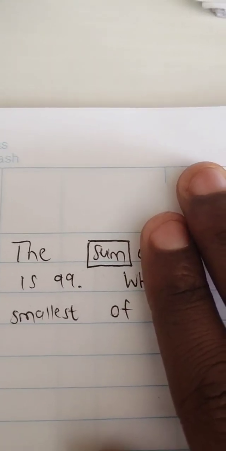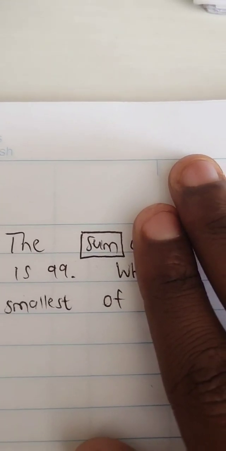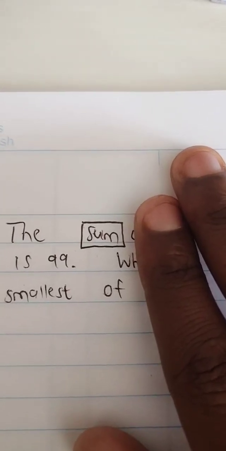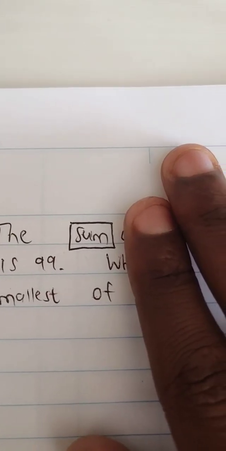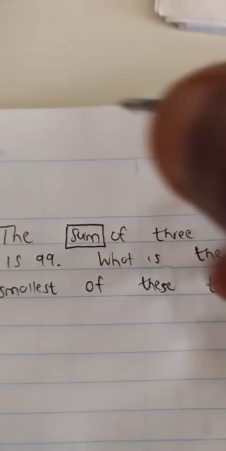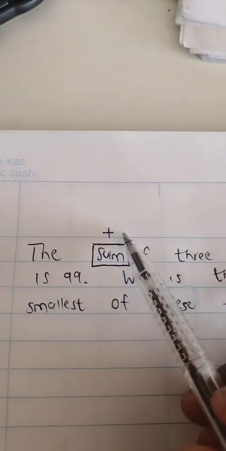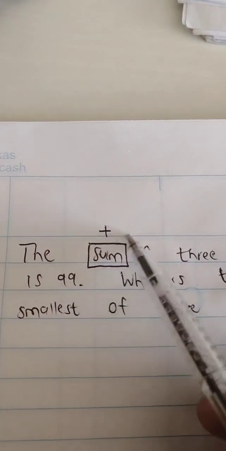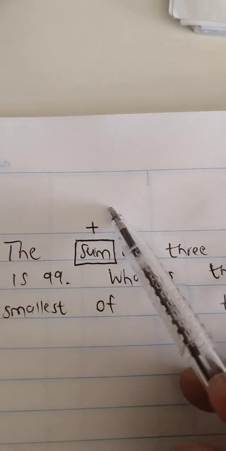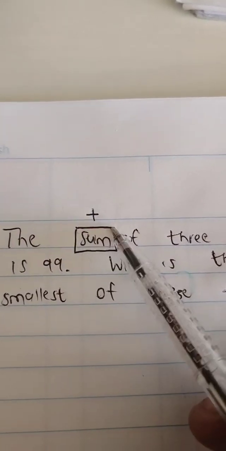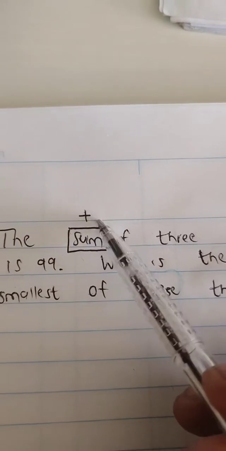Sum means addition, the total, the all together. So there's your symbol, the cross.